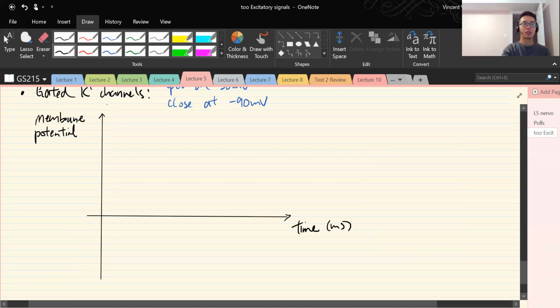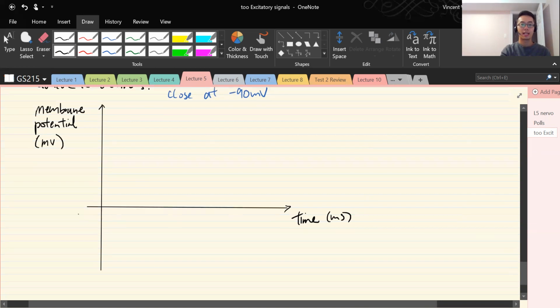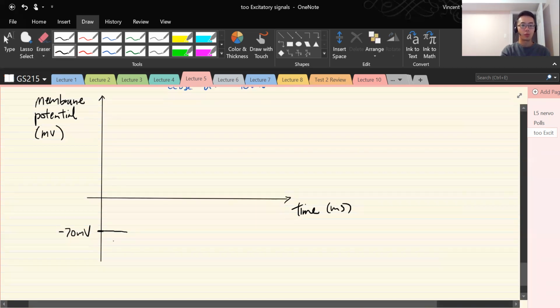That's how fast the signal is transmitted from the hand to the spinal cord and back to the hand. It's going to happen in less than a second, in milliseconds. Membrane potential is measured in millivolts. So when the neuron is not doing anything, it is going to be sitting at minus 70 millivolts. I'm going to start my graph like this, kind of flat here, because it's not doing anything. So this is resting potential.